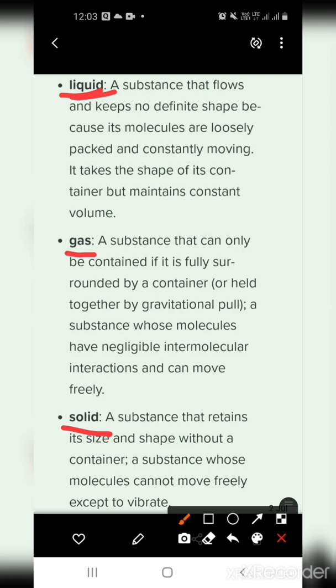A substance whose molecules have negligible intermolecular interactions and can move freely. Fine, they are very far from each other, so they can move freely, right?